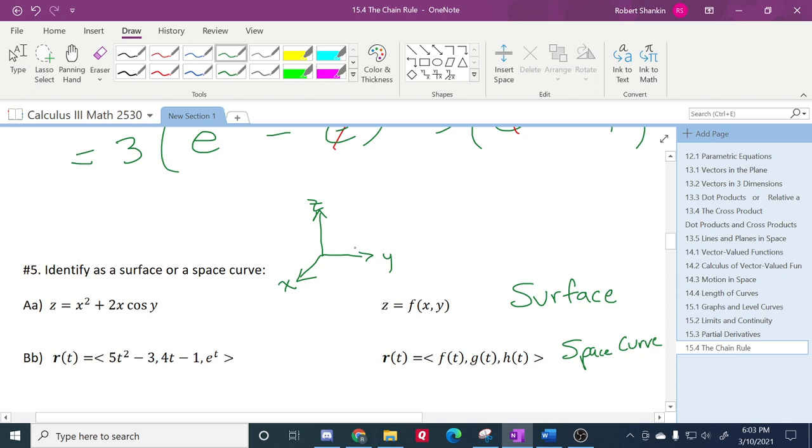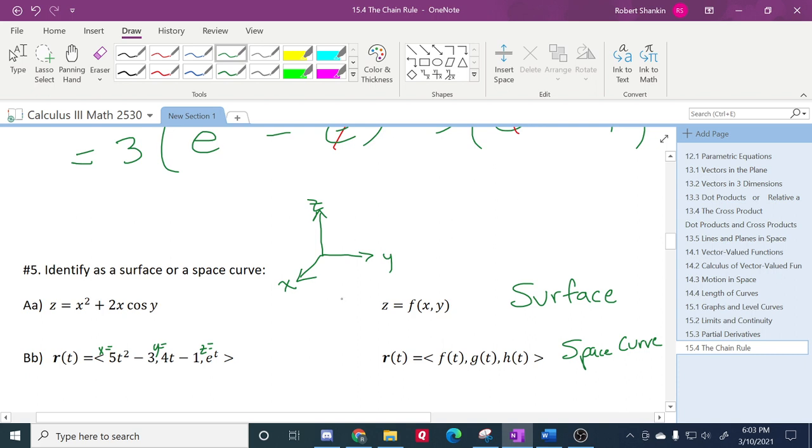A little tiny rocket ship is zipping around in here and creating a curve in 3-space. How do I know that's the case? Well, this is really an x equals. This is a y equals. This is a z equals.